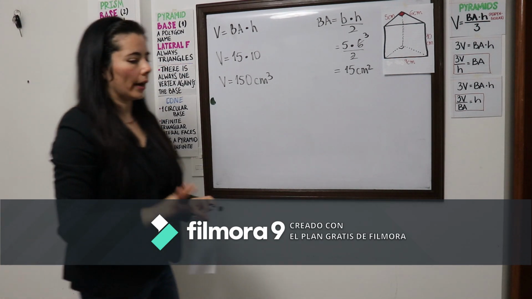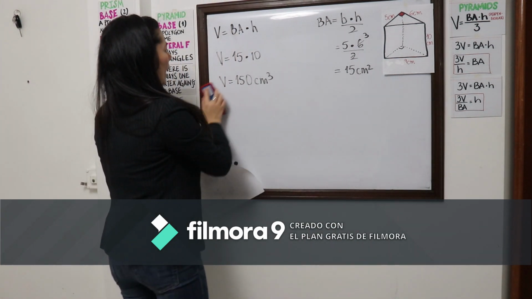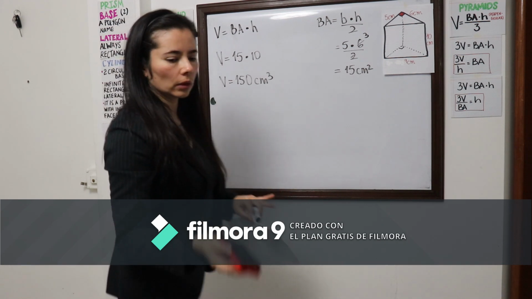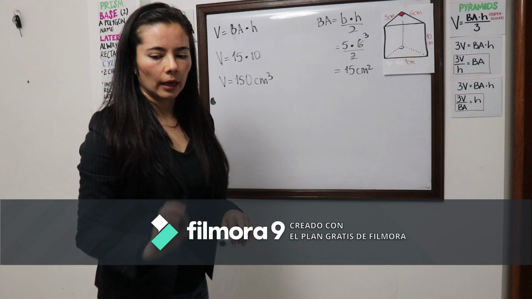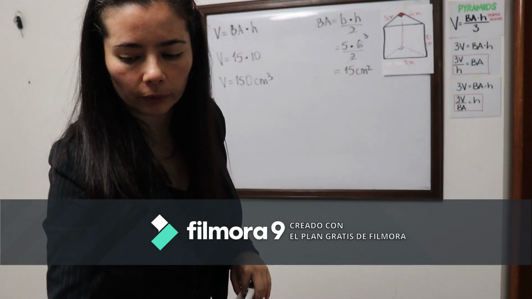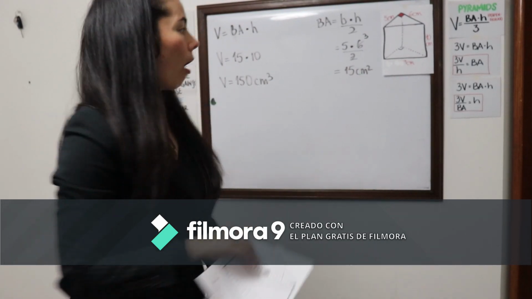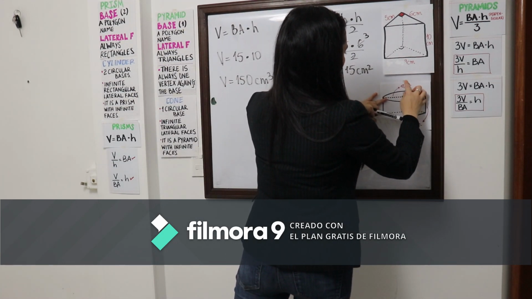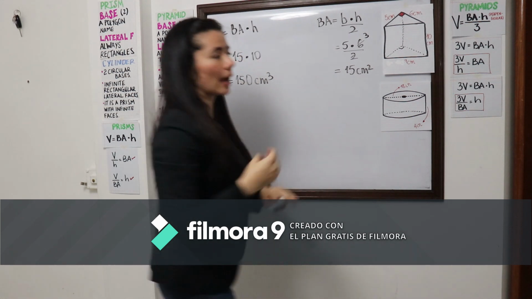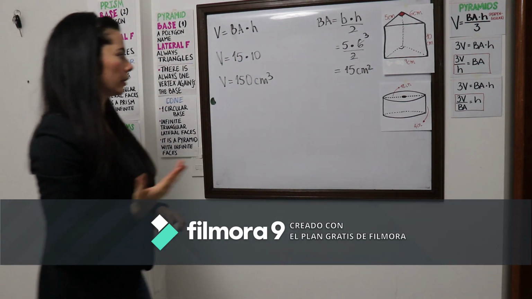That's one exercise I wanted to show you about prisms. Now think about a cylinder. Remember, cylinders are just the same as prisms, but they just have infinite faces, right? That's what a cylinder is.